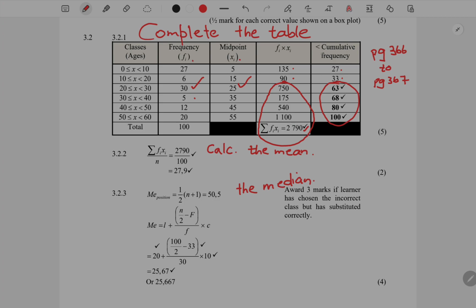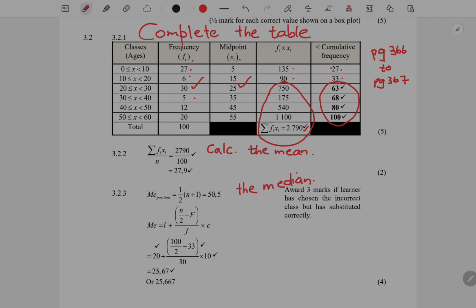The last column, which is the less than cumulative frequency column, how to get this 27? If you look, the frequency started there as 27. So for cumulative frequency, you put 27 first, the initial 27 that is there, you must also put here. And then you are going to do a zigzag, 27 plus this 6.